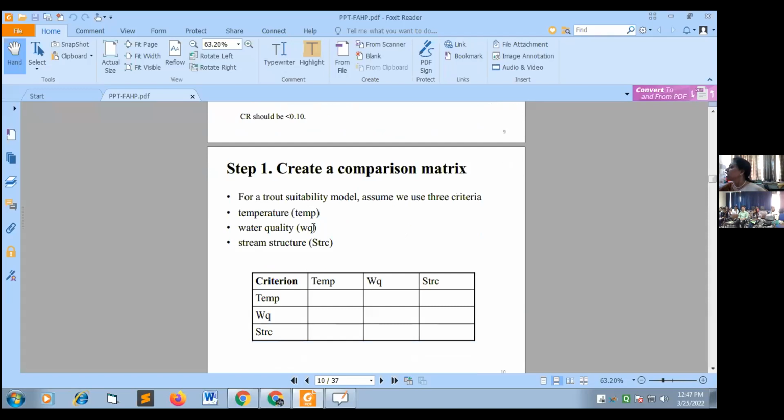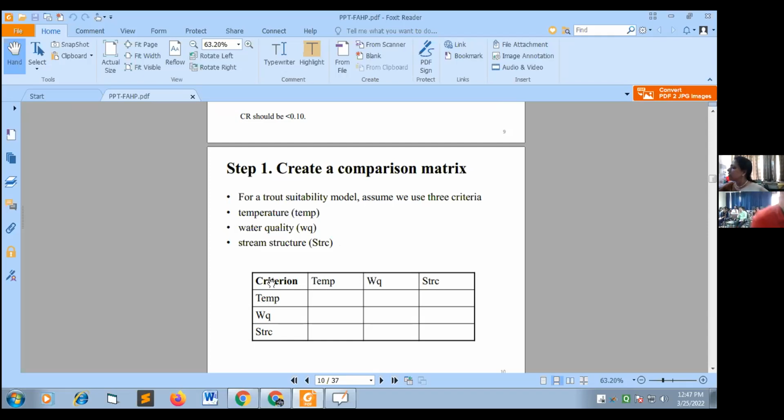Water quality is needed for the suitability of trout, and stream structure, because we should have some flow in our water. So we have these three criteria: temperature, water quality, and stream structure.